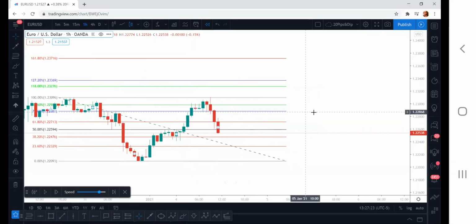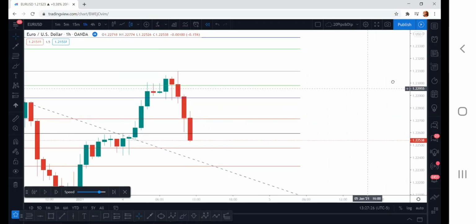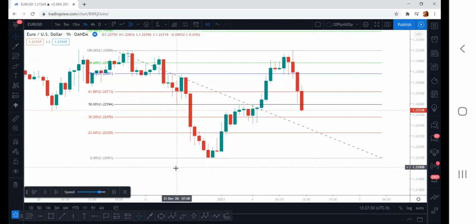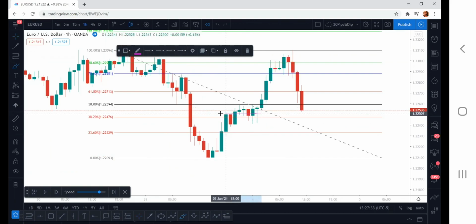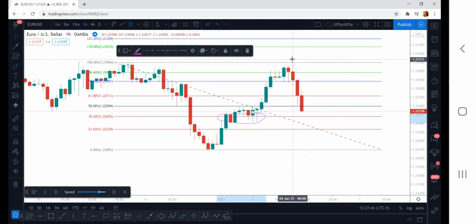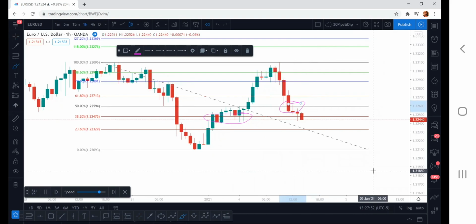All right, so when we look at this, right, the market, this was the swing. The market stopped, okay, right here at the 38, okay, then kept going. Then the market turned around and pulled back to the 50%. Let's see what happens.